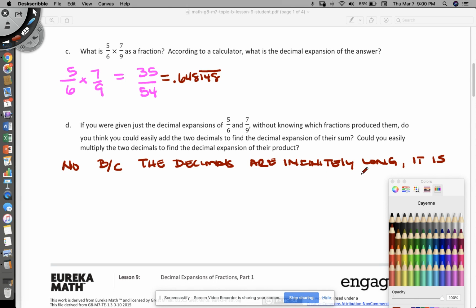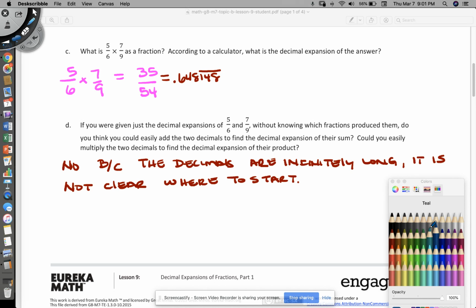It is not clear where to even start. So you can't possibly start adding these numbers up because you have to start with the first column on your right. And if that first column on the right never stops, it keeps going on and on and on, you'll never get to the first column on the right. They're always going to be repeating. So that's why I said it's not even clear where to even start.